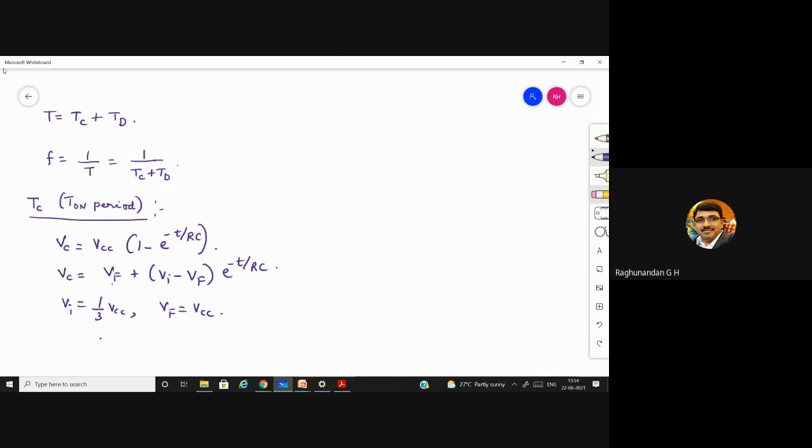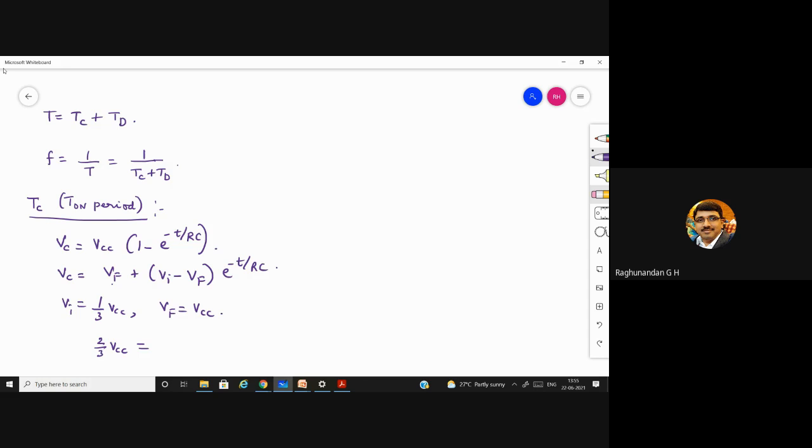The current passes through Ra and Rb such that the voltage across the capacitor will be 2 by 3 Vcc. Actually, the final voltage it can reach is Vcc, but it can only reach 2 by 3 Vcc because it charges through Ra and Rb. Since Ra and Rb have some voltage drops, the capacitor can charge only till 2 by 3 Vcc. That is the voltage the capacitor attains.